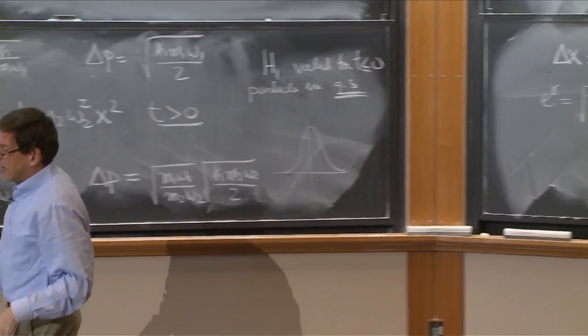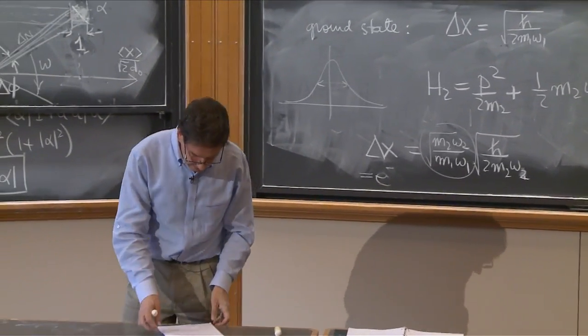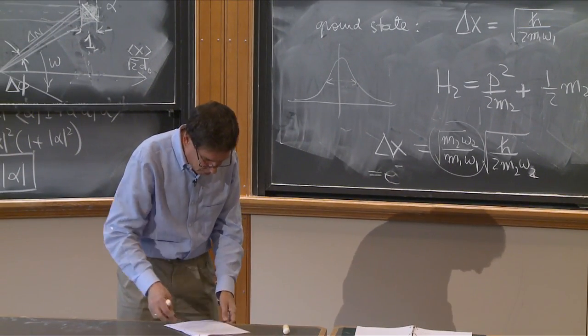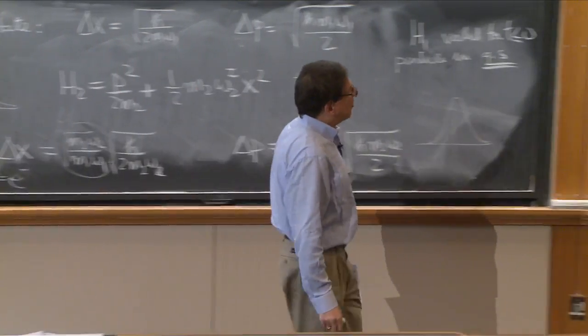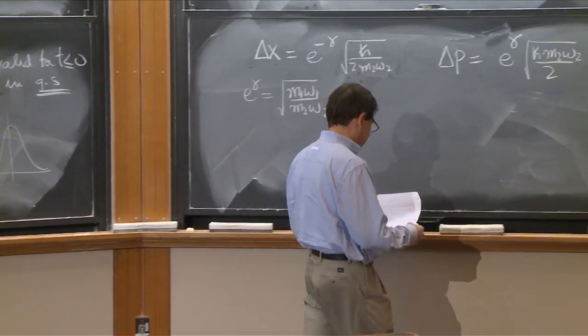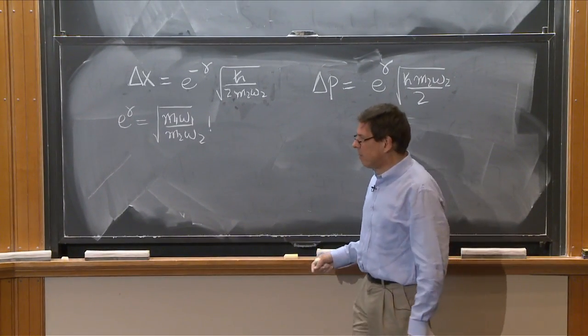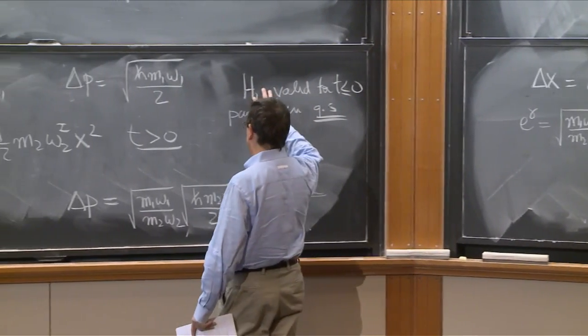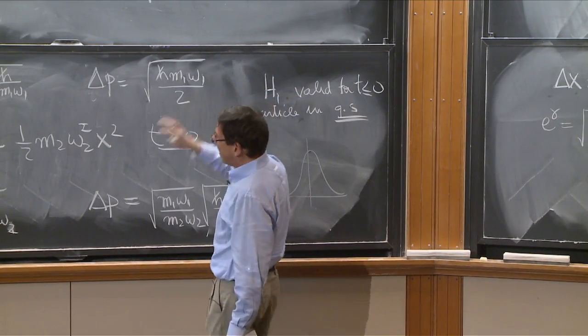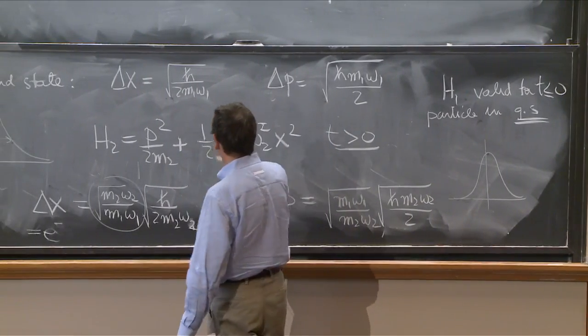So how can we calculate and understand these things? The way to think of this is the following. You see, you have this system of two Hamiltonians. There's an x and a p operator, and the second Hamiltonian has an x and a p operator.